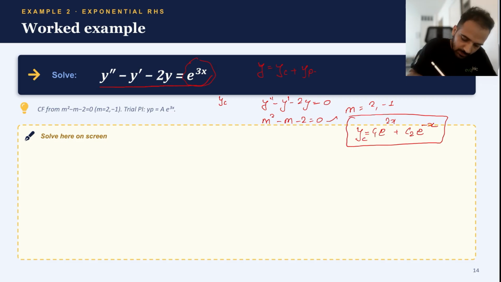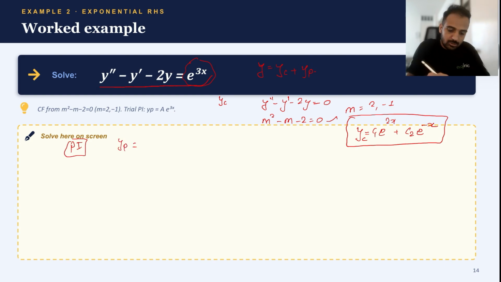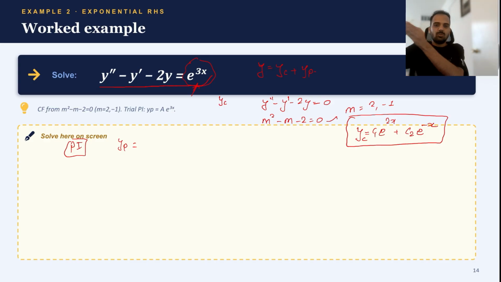Now to get the particular integral, you need to have the trial solution on the basis of this exponential function. Since your forcing term is exponential, obviously the particular integral will be of the same nature as your forcing term. That means it will also be an exponential one.